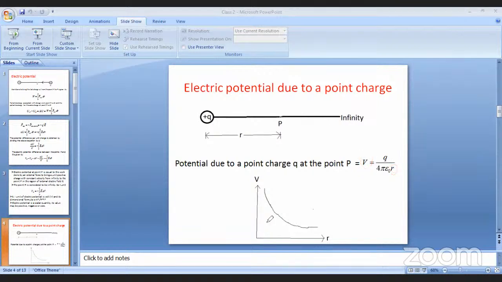This is the graph between the distance R and electric potential V. You can see the electric potential value is decreasing with an increase in the value of distance r. So the potential due to a point charge q at the point P is given by V equal to q by 4 pi epsilon naught into r. This is the value of electric potential or electrostatic potential at the point P due to the charge q.